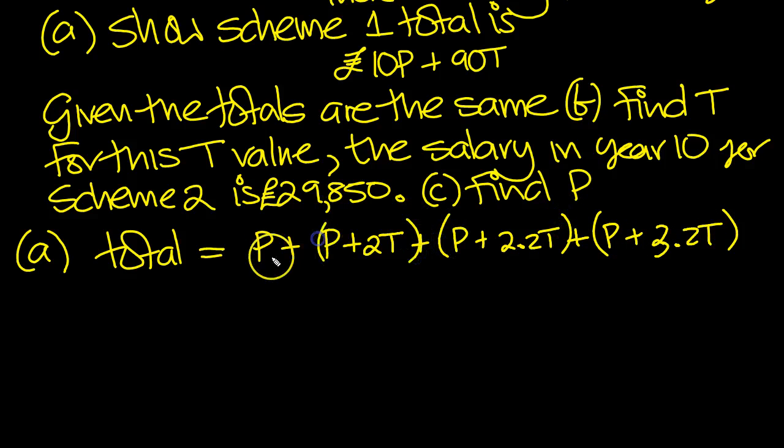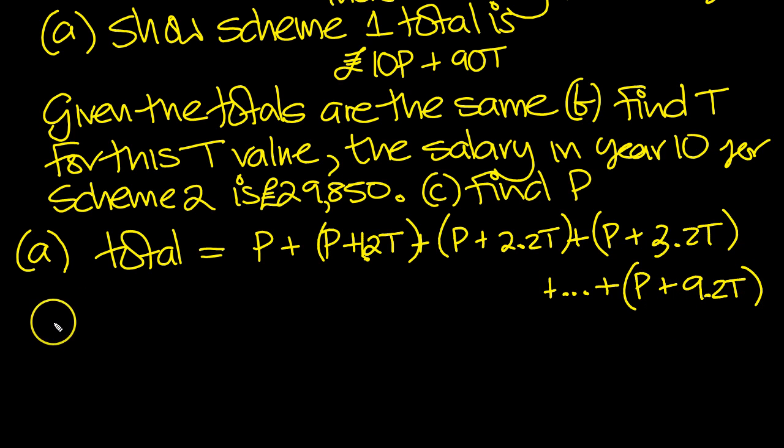We need to write down the 10th year, P plus. If the fourth year was 3 lots of 2t, and the third year was 2 lots of 2t, can you see it's 1 less? So it's 9 lots of 2t here.